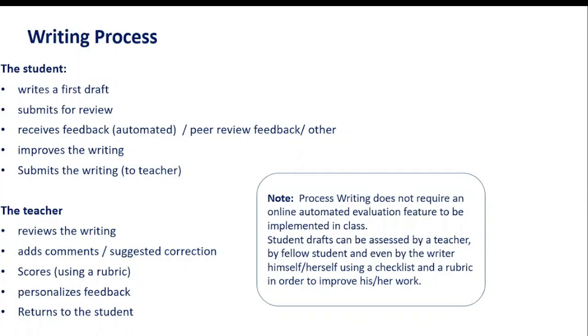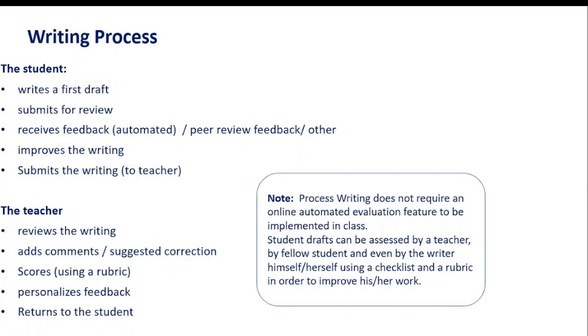Then the student improves his or her writing. In other words, they send the first draft for peer review or automated feedback. They revise the work, they rewrite their work, and then they submit the assignment to the teacher for teacher review.